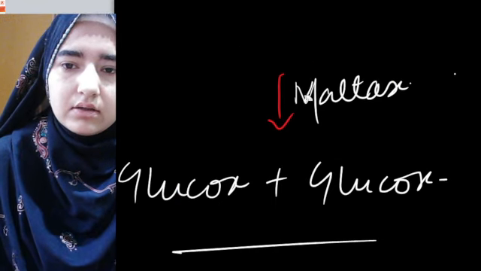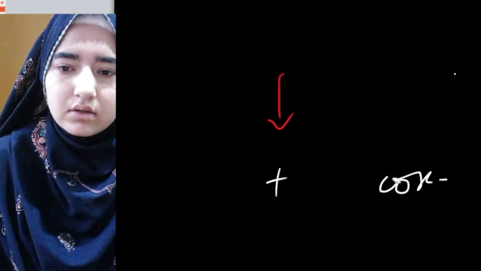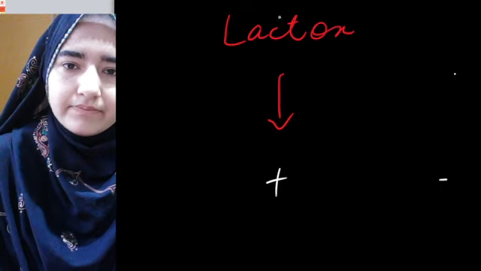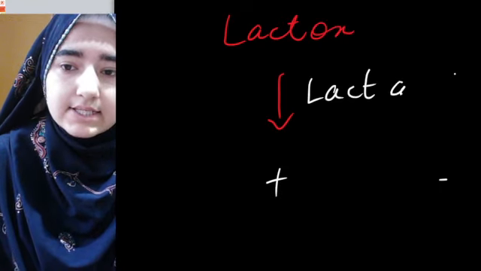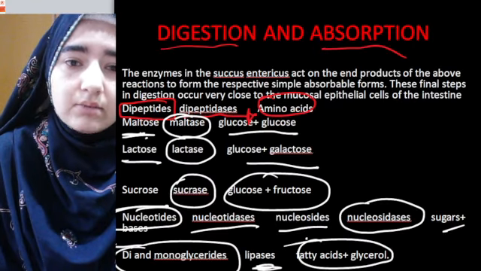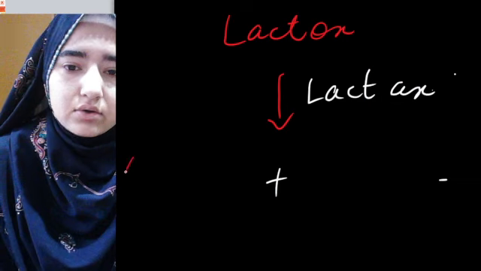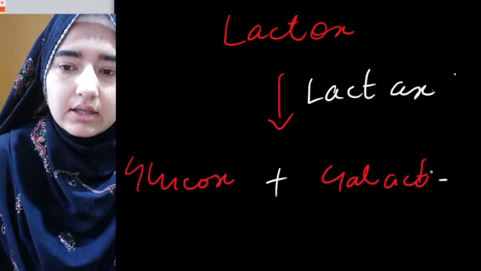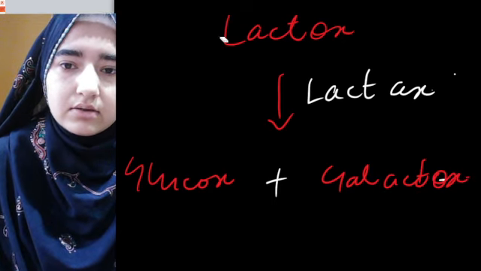Similarly, we have lactose, and which enzyme acts on lactose? It's lactase. Likewise, lactase acts on lactose and it gives glucose plus galactose. Okay, I hope this concept is clear.